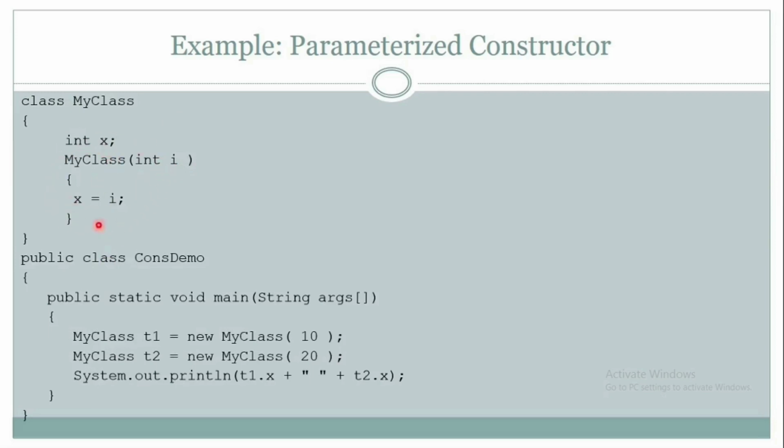This constructor is called when an object is created. As you all know, objects are created inside the main function, and t1 and t2 are the objects, passing the values 10 and 20. t1 is passing 10 and t2 is passing the parameter 20. So the output is 10 and 20, as you can see here.